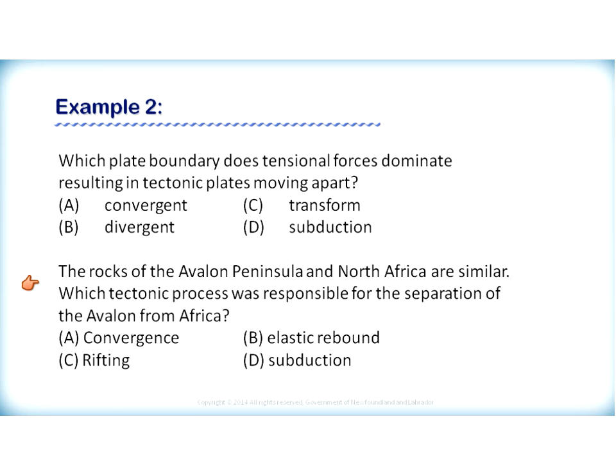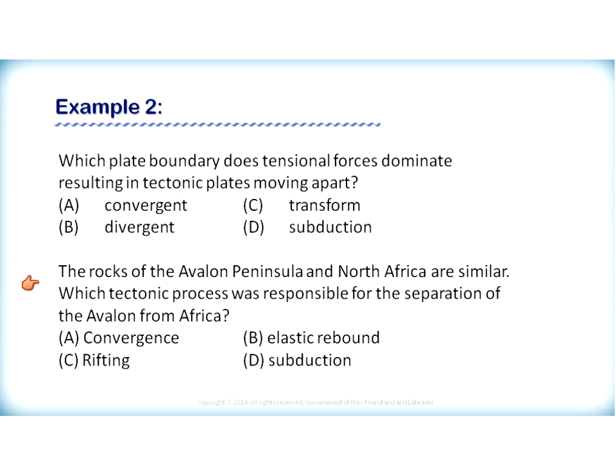Last question for example 2 reads, the rocks of the Avalon Peninsula and North America are similar. Which tectonic process was responsible for the separation of the Avalon from Africa? So associated with this question, we assume that when Pangea first existed, Africa and the continental crust of North America, where Newfoundland, the Avalon Peninsula, is today, was actually joined.